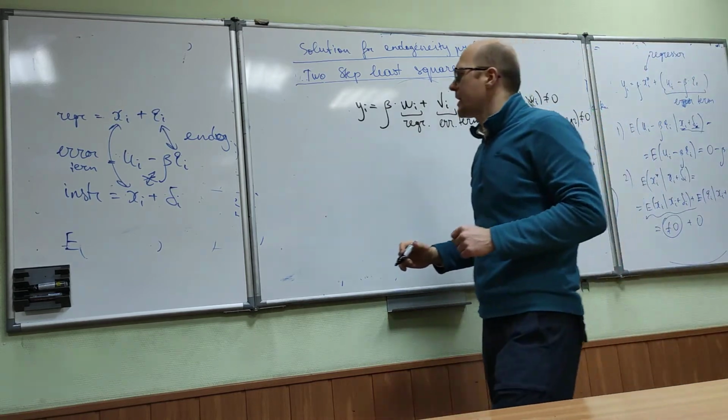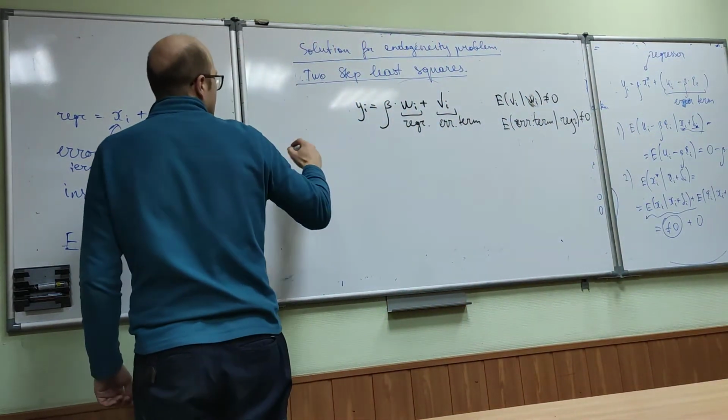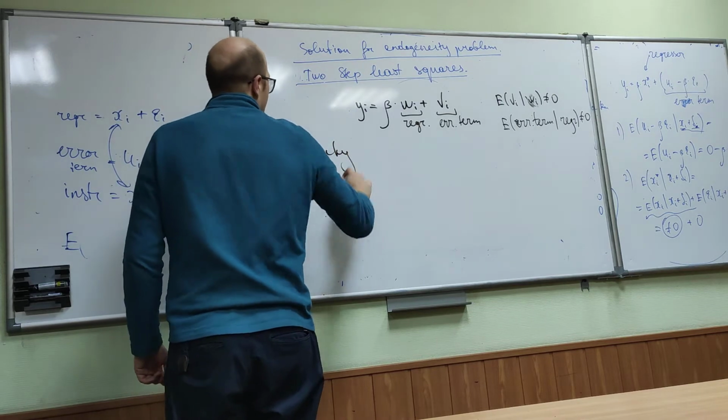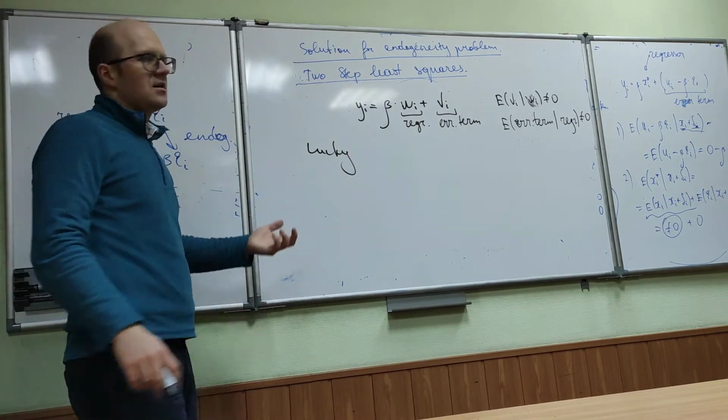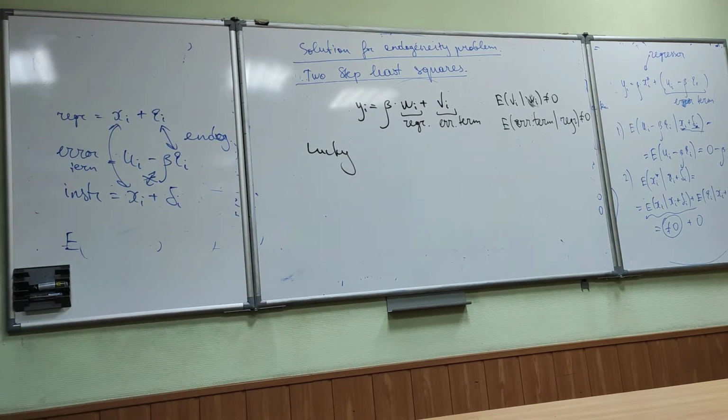And suppose you are lucky. You are born on a lucky star. And imagine you have found, maybe you ask your grandma, who knows everything, what an instrumental variable is, or maybe you go to a torrent tracker and download an instrumental variable.